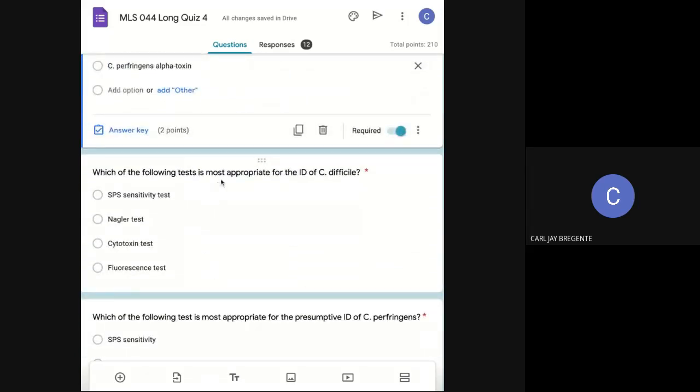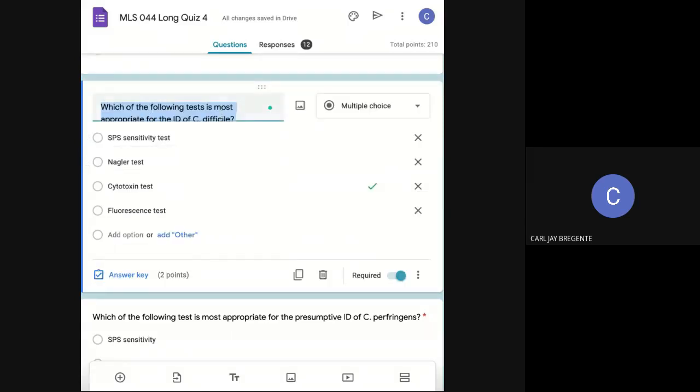Which of the following tests is most appropriate for the identification of C. difficile? For C. difficile, you need to perform cytotoxin testing because you need to identify whether it is toxin A, toxin B, or both. Susceptibility testing is not being done.